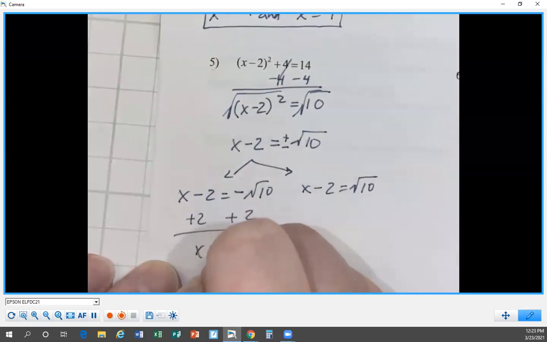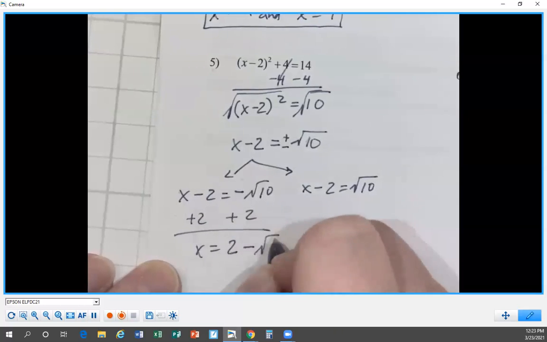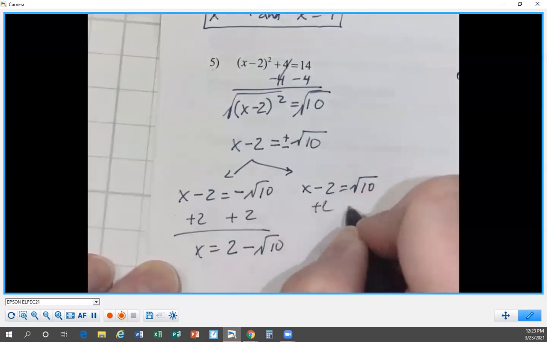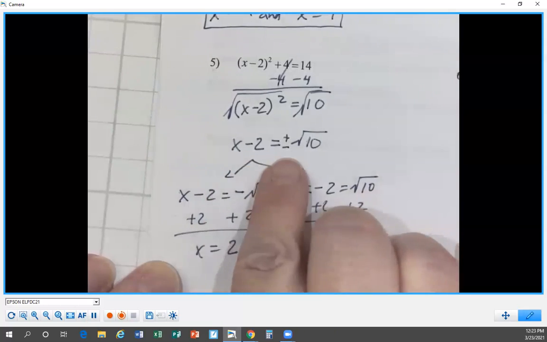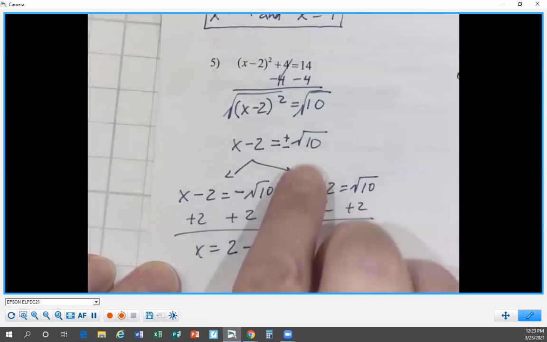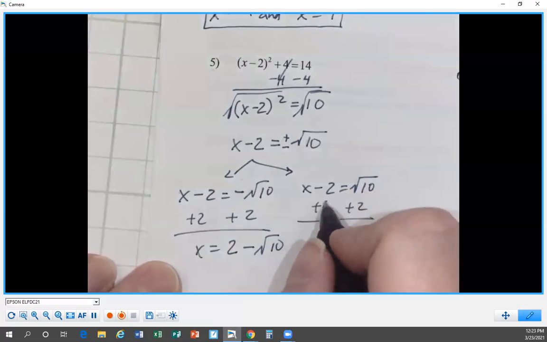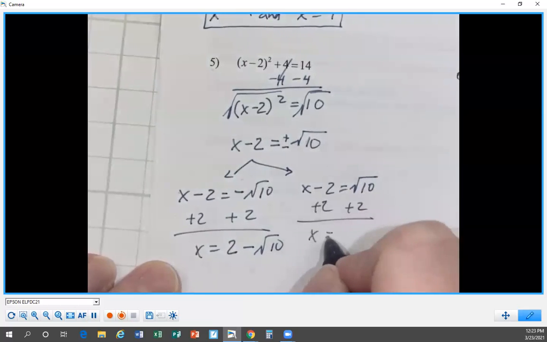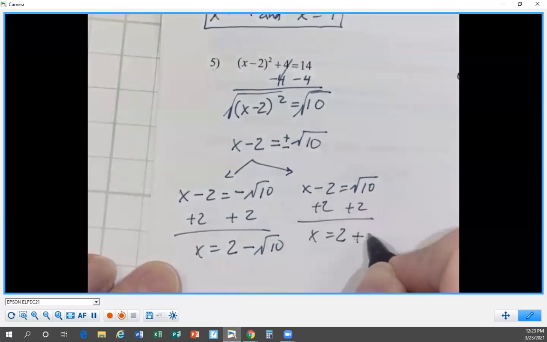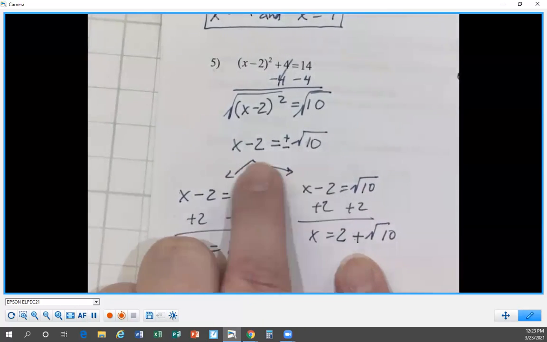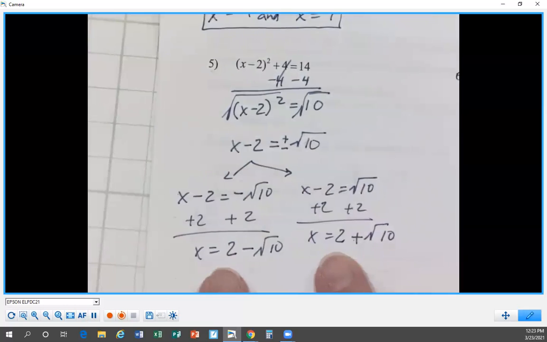Okay, x equals 2 minus root 10. Add 2 to each side. Actually, we didn't have to branch this one off. We could have just left this, but that's okay. x equals 2 plus root 10, and I'm sorry about that, I just gave you an extra step of work there, but you can write this as x equals 2 plus or minus root 10.